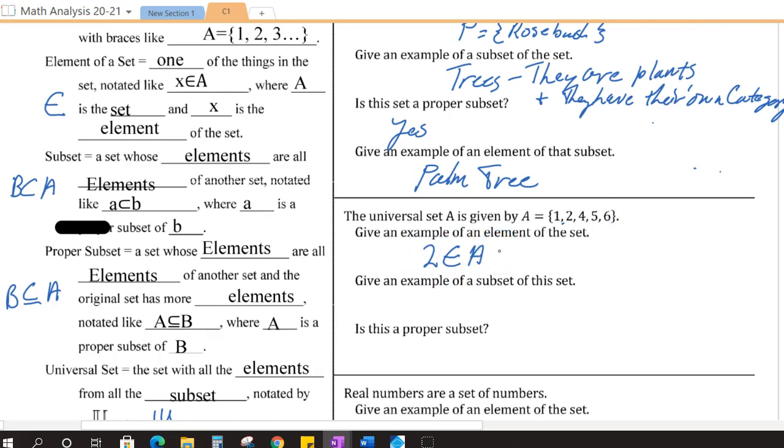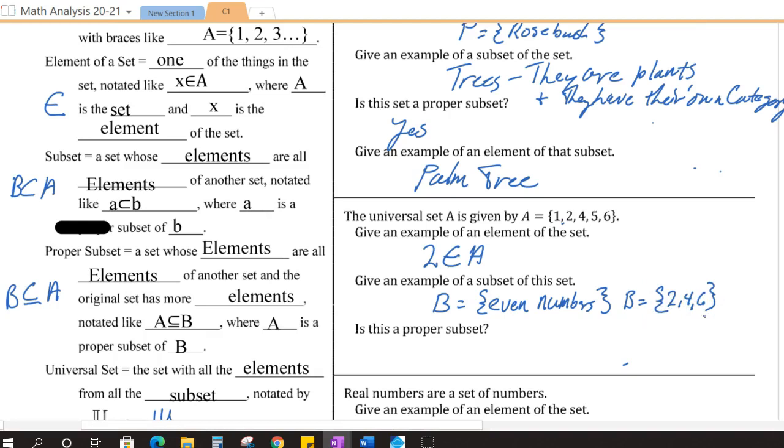An example of a subset would be, say, the even numbers, 2, 4, 6. So we would say B would be even numbers. Or we could write it another way, by actually listing out the specific numbers.